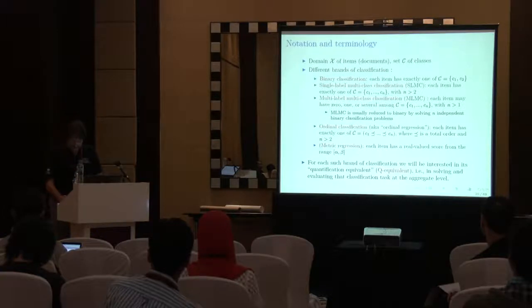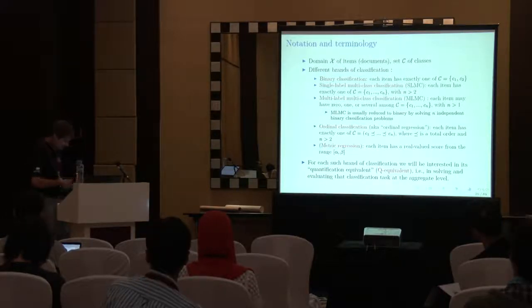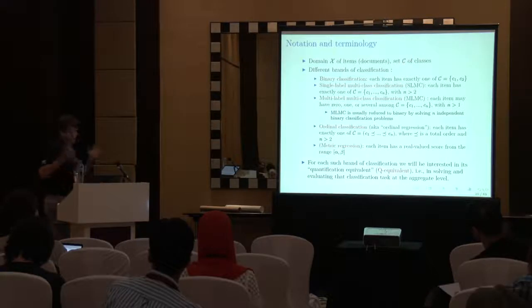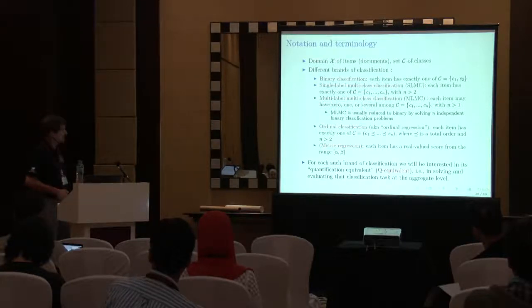Let me now enter the more technical part, with a little notation and terminology. We will be interested in the domain calligraphic X of items, which we may think of as textual documents, and a set C of classes. We will be interested in different brands of classification, and their quantification equivalents.